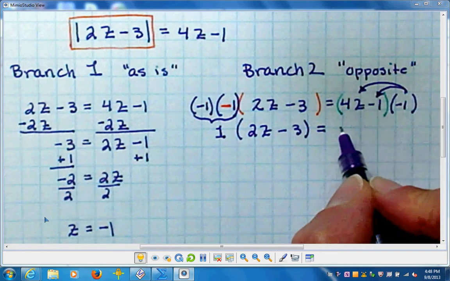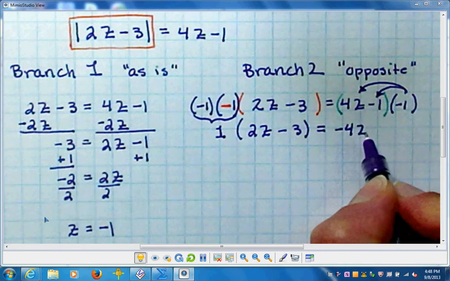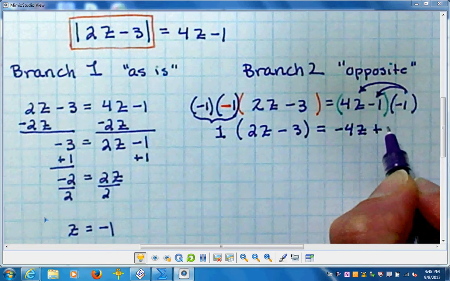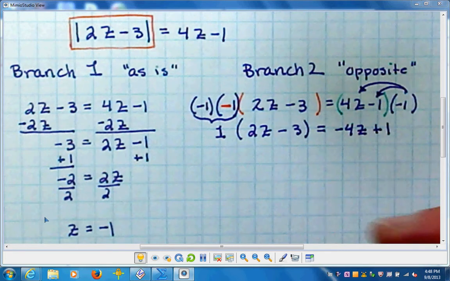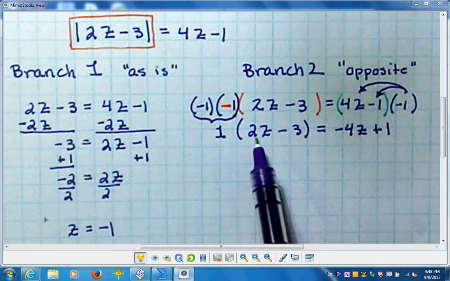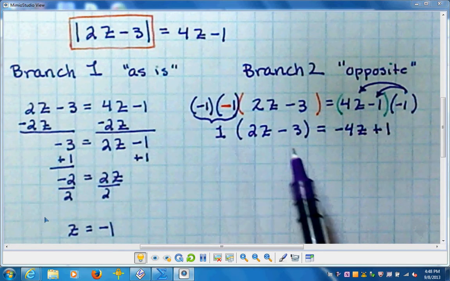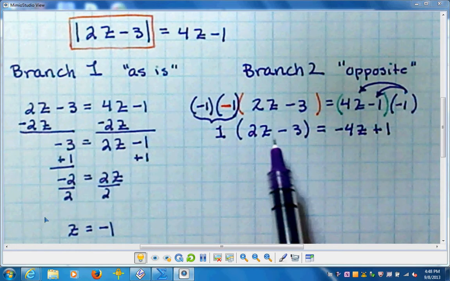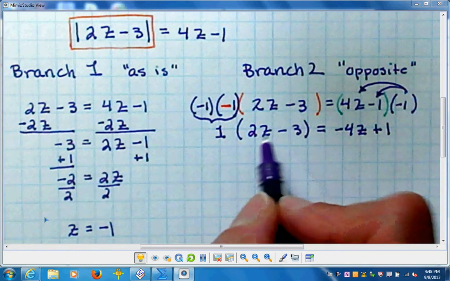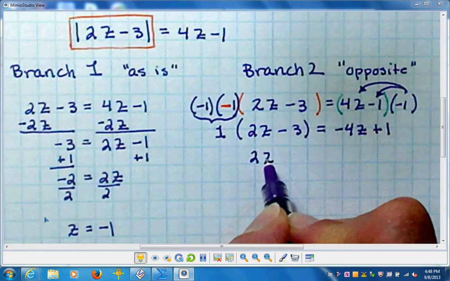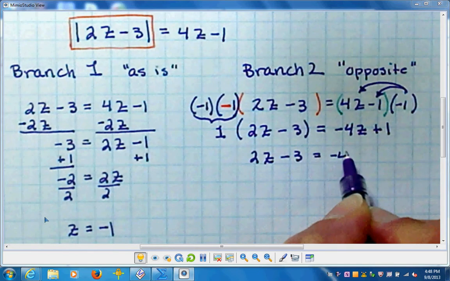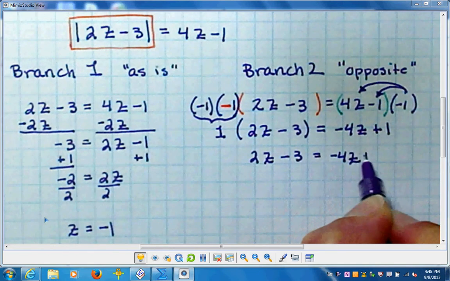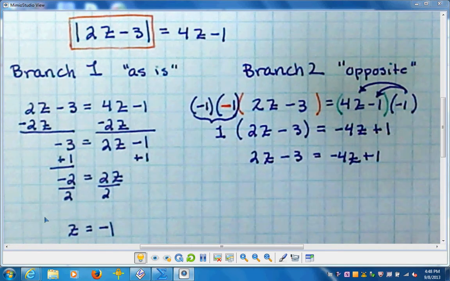So that gives me -4z plus 1. If I now were to distribute this positive 1 inside, it doesn't change the values of anything inside. So that just leaves me with 2z minus 3 is equal to -4z plus 1. I haven't done any math, basically, I've just cleaned it up.